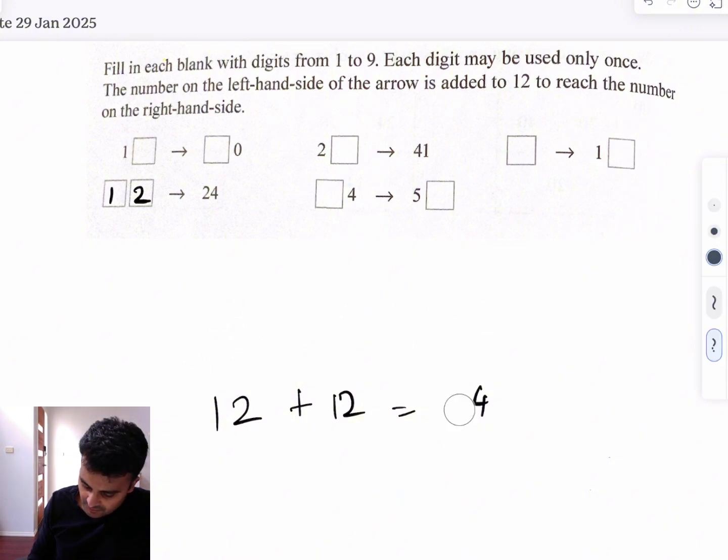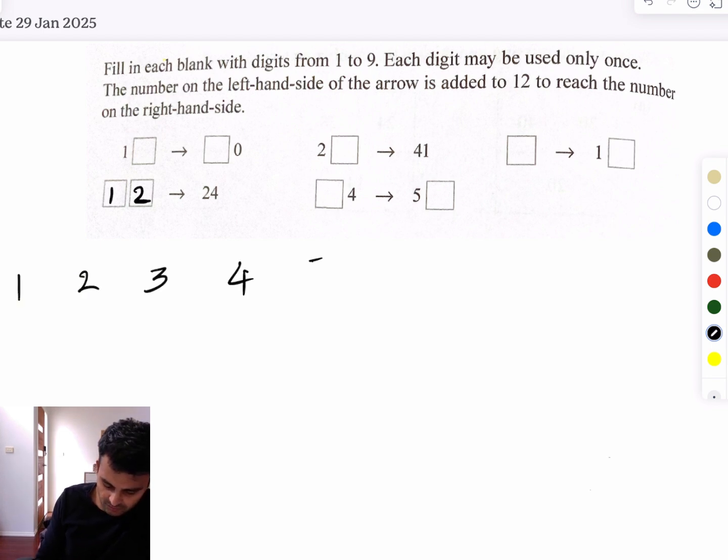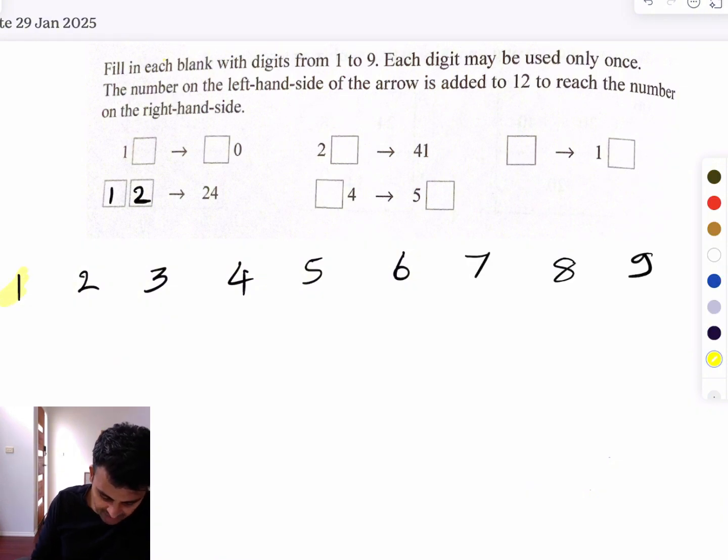We'll just write down the numbers which we have as an option: 1, 2, 3, 4, 5, 6, 7, 8, and 9. We have so far used 1 and 2. So for the remaining boxes we can only use 3, 4, 5, 6, 7, 8, and 9. That narrows down the problem a little bit.